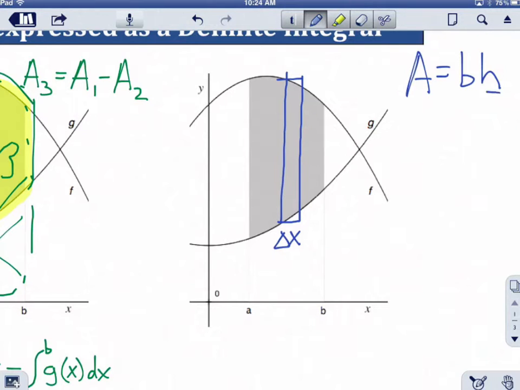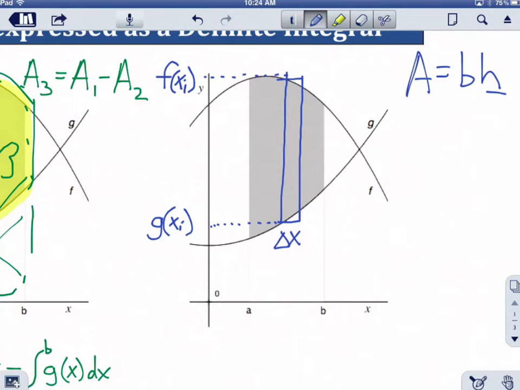And how would I find the height? Well, if we take a look at this and we trace this over to the y-axis, I would call this f of x sub i. And then if I trace this point over to the y-axis, I would call this g of x sub i.